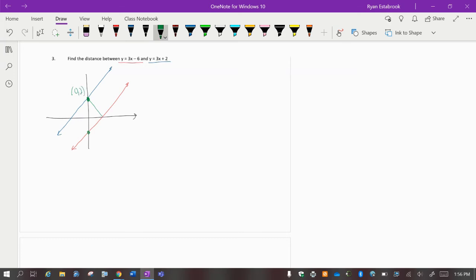And then to find the equation of this segment, we know it's perpendicular to those two lines, so the slope perpendicular is going to be negative 1/3. I know it goes through the point 0, 2, right, because it goes through that y-intercept. So the equation of that line is y equals negative 1/3 x plus 2. That is the equation of this green line.